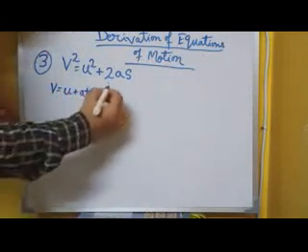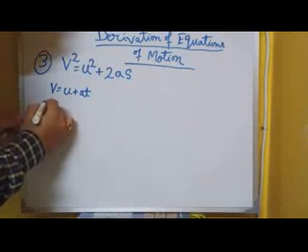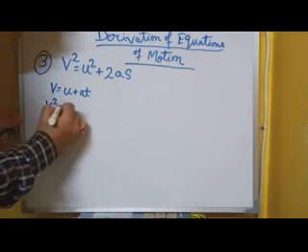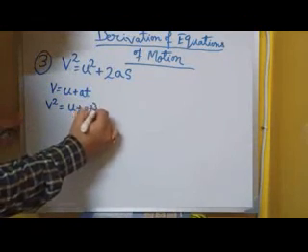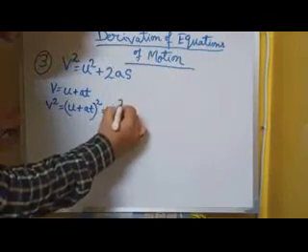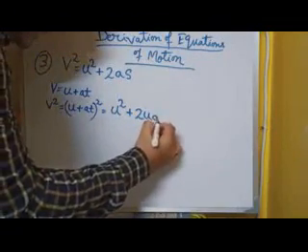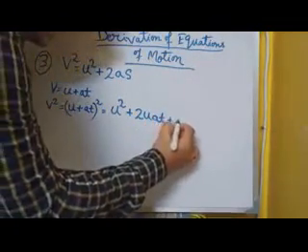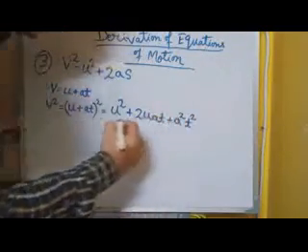Now you take the square on both sides. So it is V square equals U plus AT whole square. It will become U square plus 2U AT plus A square T square.